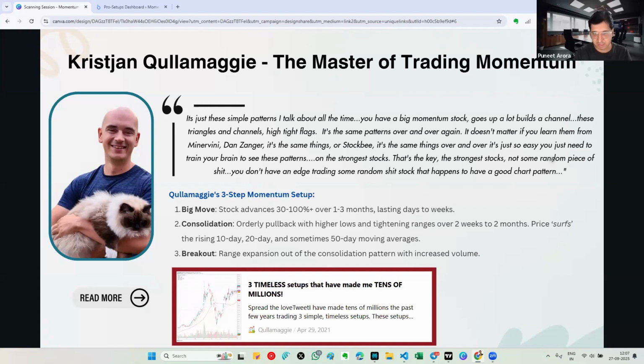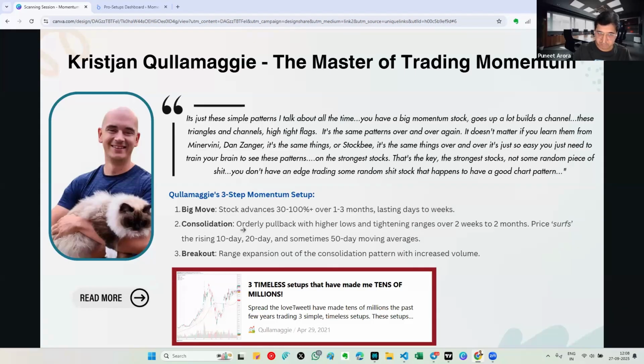Minervini trades slightly longer patterns also, which we also have as VCP in our dashboard. But the pattern that he likes to trade is based on big stock advances in the prior 1 to 3 months, which can last anywhere between a few days to weeks.